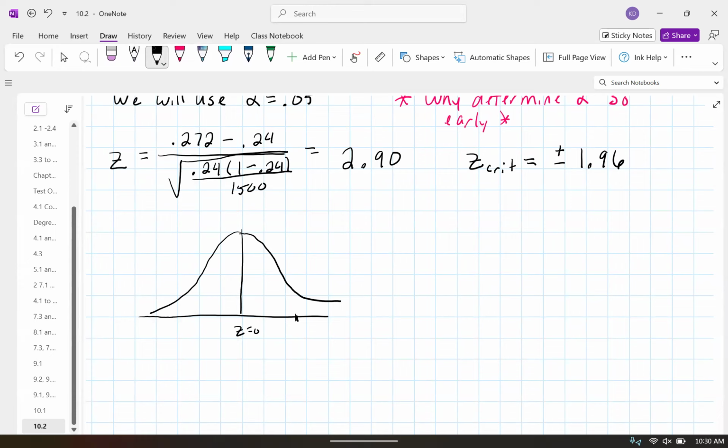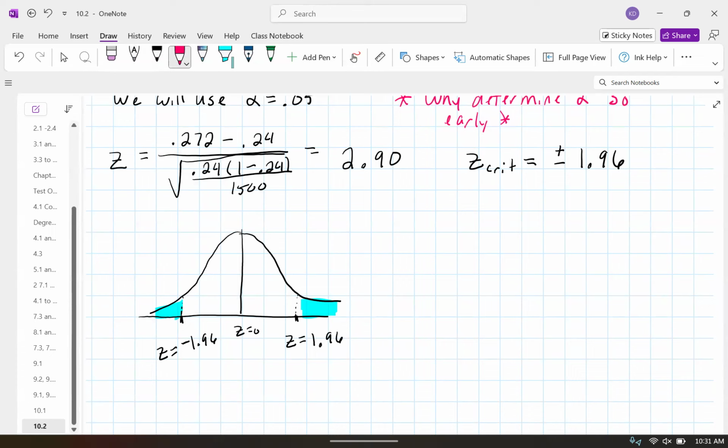Here's my high Z, Z equals 1.96. Z equals negative 1.96. So since it's two-tailed, I have to draw both. So if we're in the tails, we're happy. We want to be in the tails because that means we have a difference.